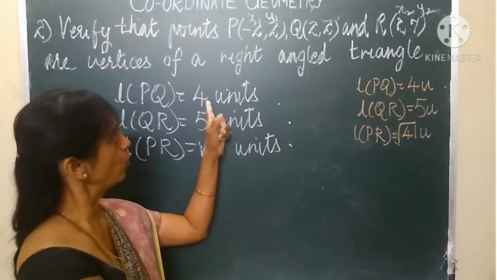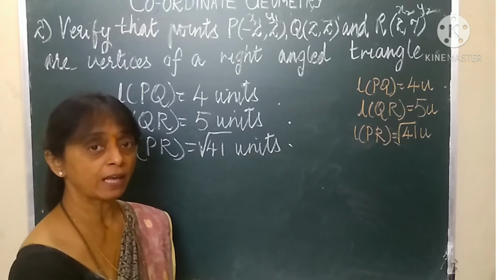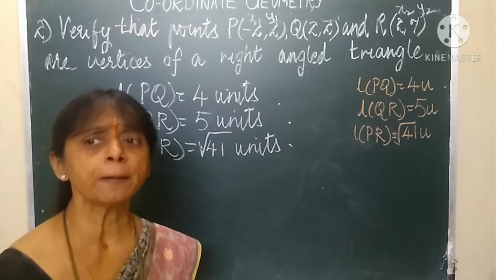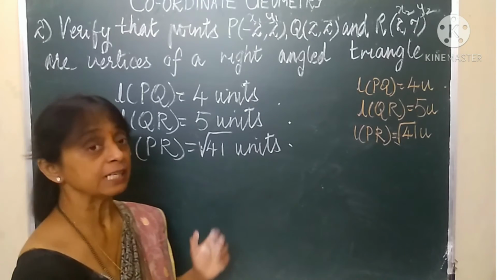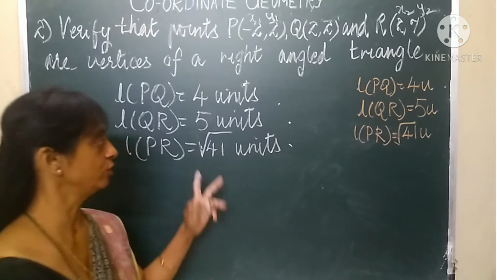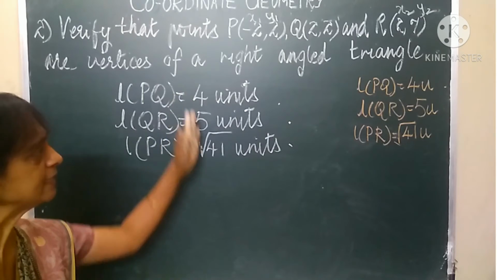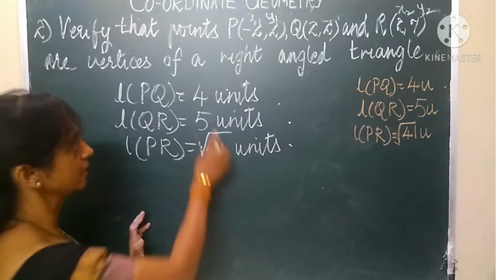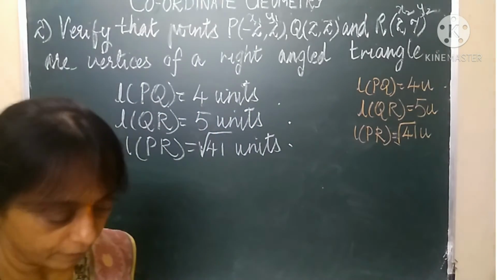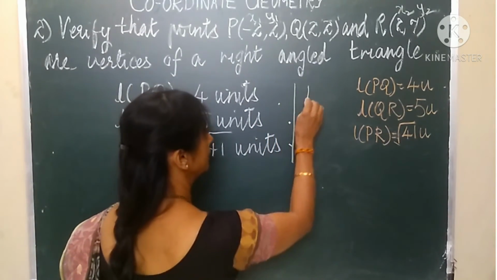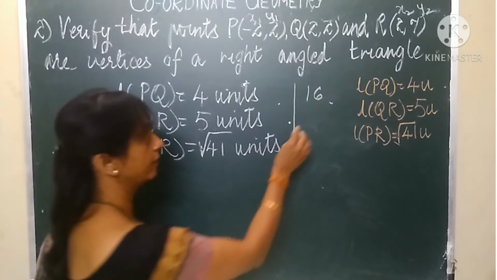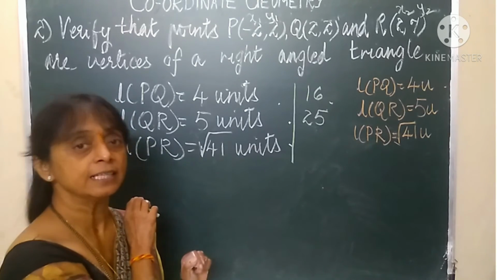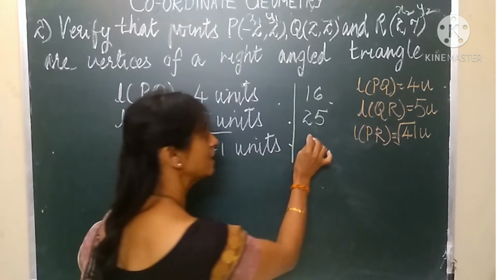But over here children, one number is 4, one number is 5, the other third answer that we got over here is an irrational number. How do we compare then? Which number is the greatest? So let's see children over here. What is the easiest way? Let's square and get the answers and then find out which number is the greatest. 4 square will give us 16. 5 square is 25, and root 41 the whole square is root 41 into root 41, that is 41.